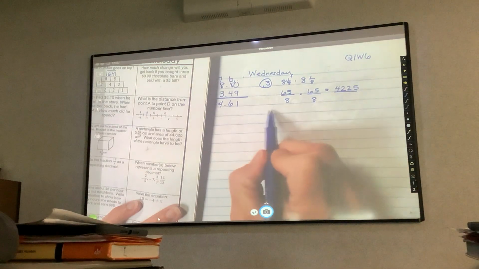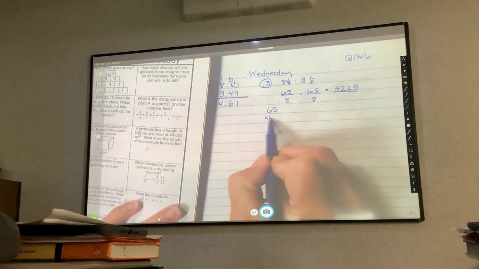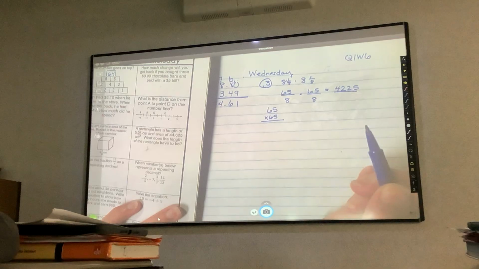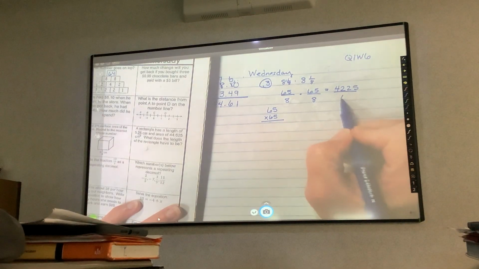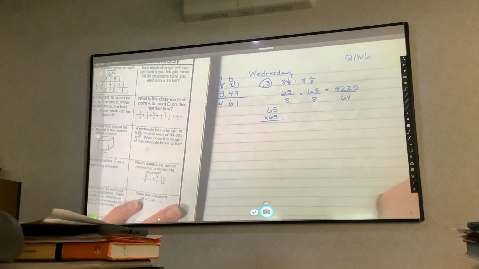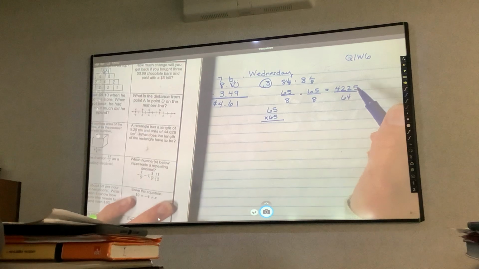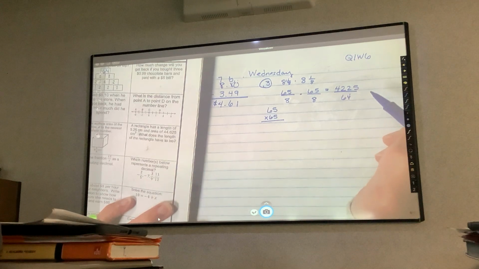You can't do that without showing work. You have to show 65 times 65, don't you? Because you're not getting a calculator, so do it. I did. And then I know 8 times 8 is 64. That would be the area of one side, right? I'm going to change this into a whole number.